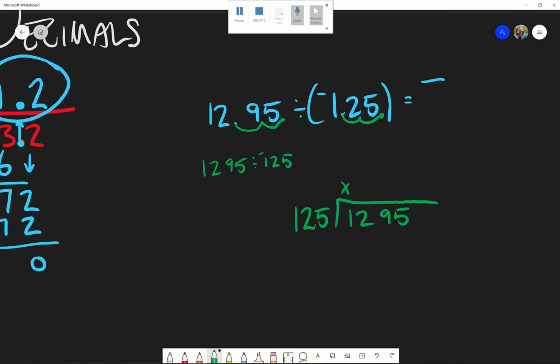125 does not go into 1, does not go into 12. It does go into 129 once, with this turns into 125. This gives me a 4. Bring down this 5. 125 cannot go into 45. So since I have a remainder here, I'm going to add a decimal and bring it up.